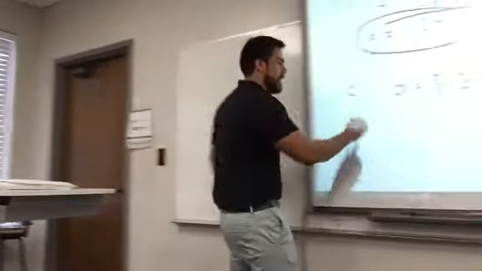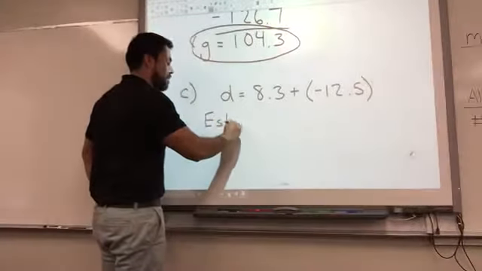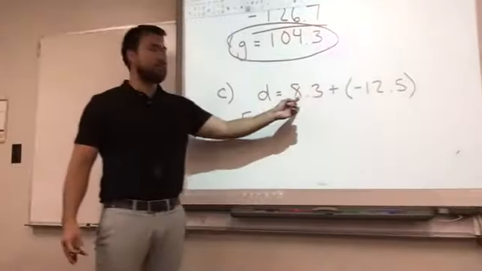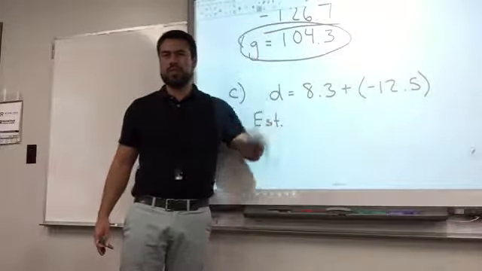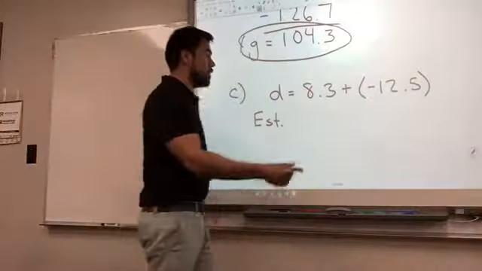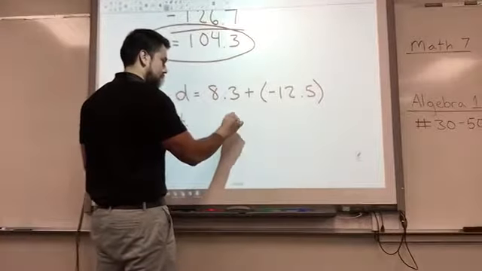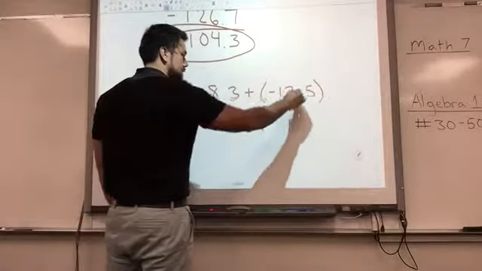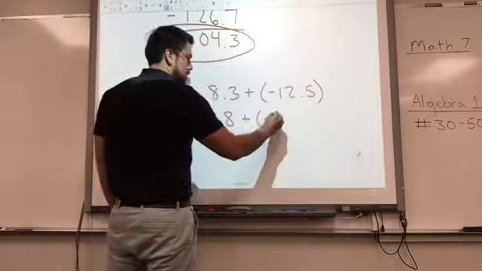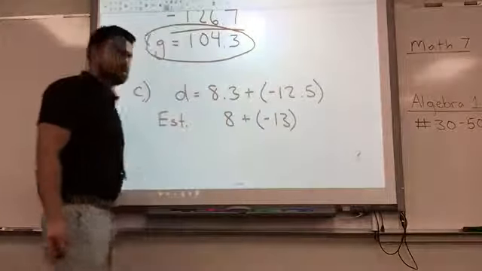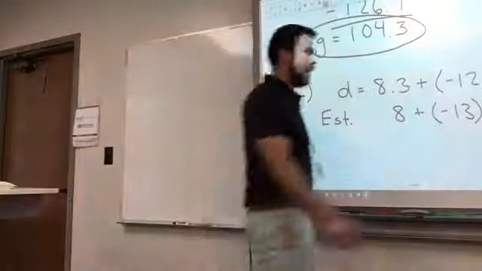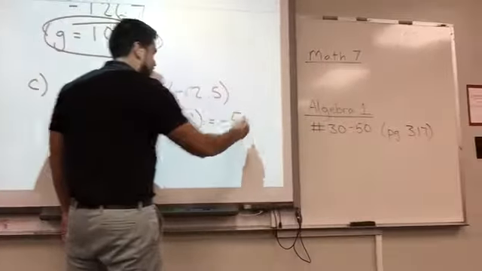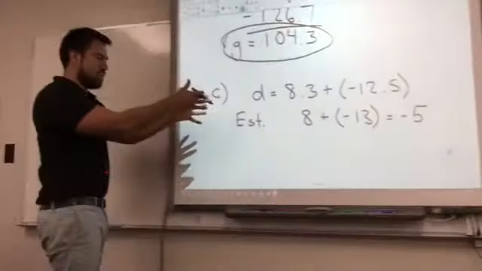I'm going to estimate because I really don't know what these mean. Maybe estimating will help me out. What should you round these to? What would you think? Yeah, to the 1, so I get what for 8.3? 8 plus negative 13. And what's 8 plus negative 13? Negative 5. Okay, so that's my estimate. So my answer should be close to that.